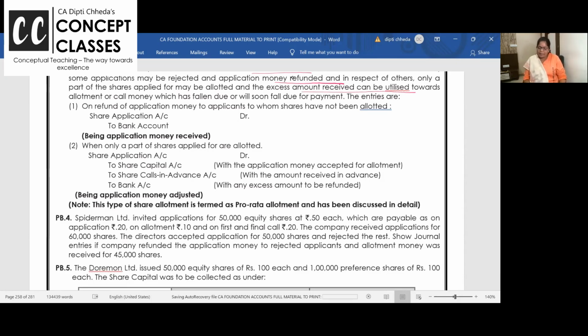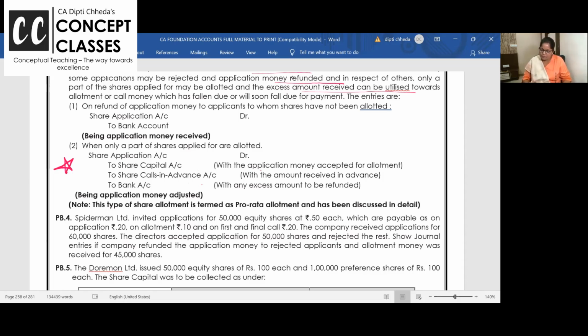Then share application, bank to share application aaya. Out of application, what is allotted, only that you transfer to the capital account. Remaining to call in advance. I told you, you can adjust it in the first and final call. And excess you can refund. Star mark this entry in your material now, very important.